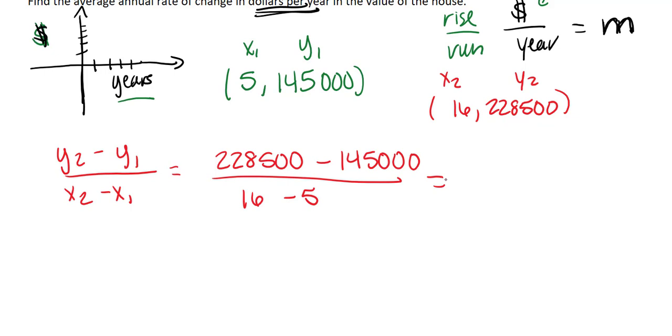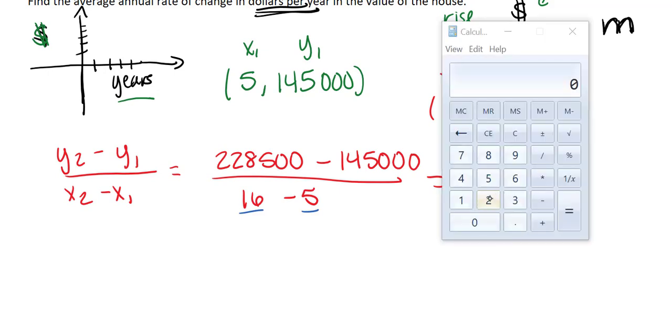Now that we've plugged in our numbers, we can start solving. 16 minus 5, we can do in our heads. That's just 11. But now we need to look at the top, so let's get our calculators out for this. And we get 83,500.